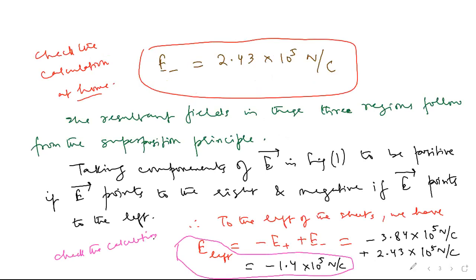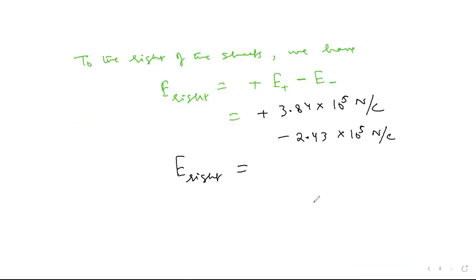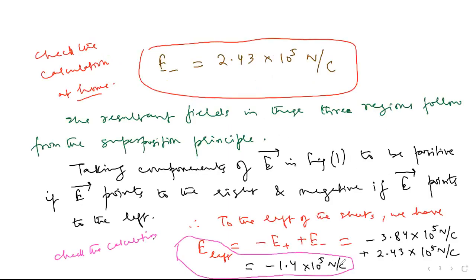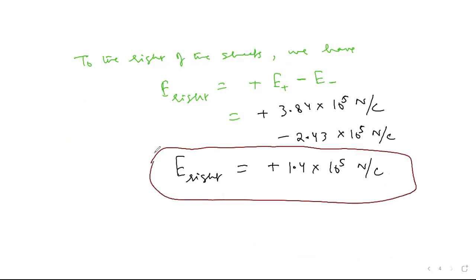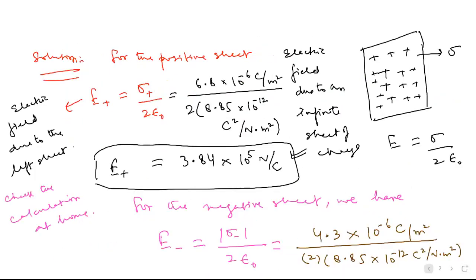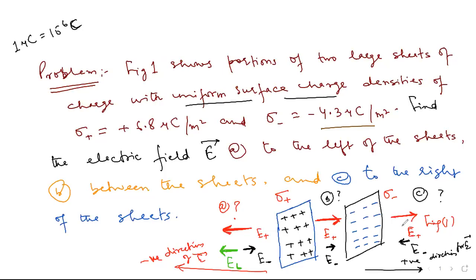That's 1.4 into 10 to the power 5 Newton per Coulomb, but it will be now positive. So we have solved for electric field to the right. So in the figure, this vector now will be in the positive direction.